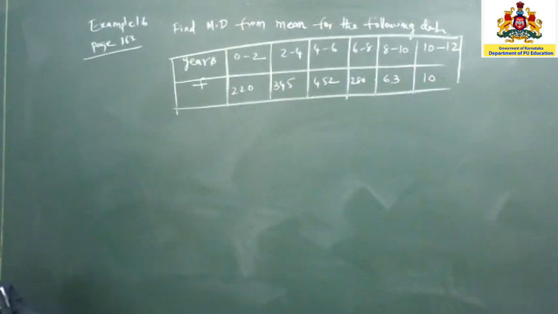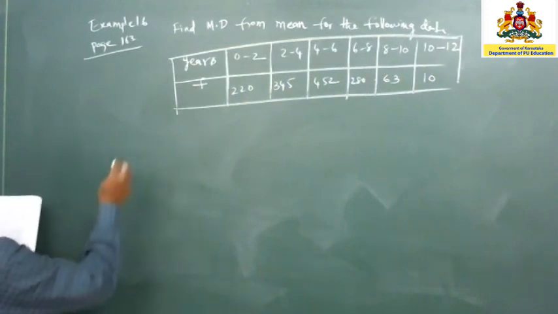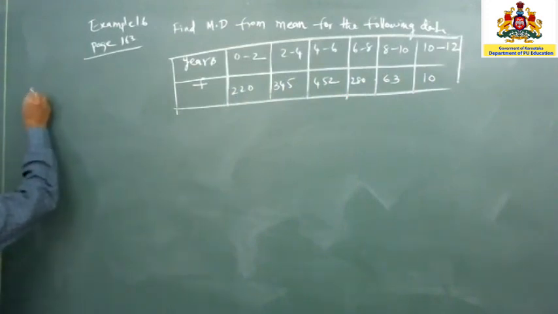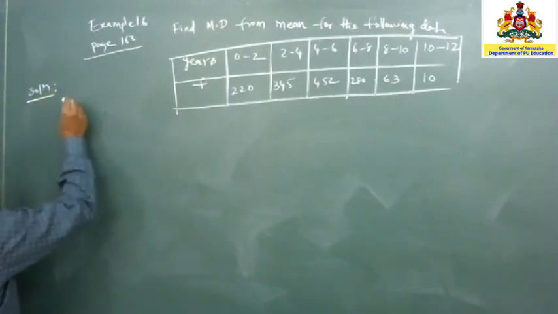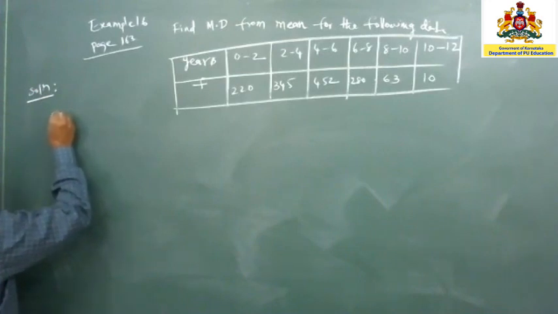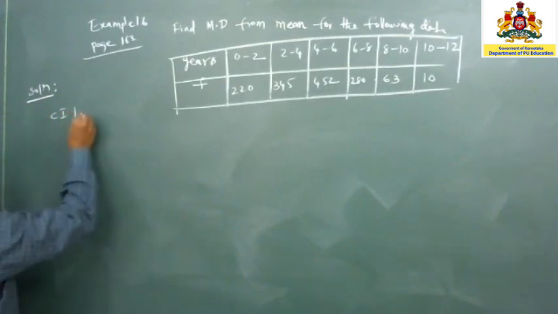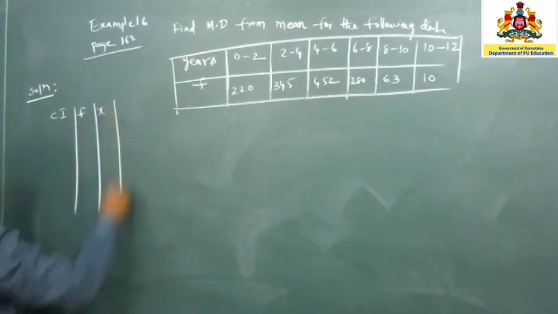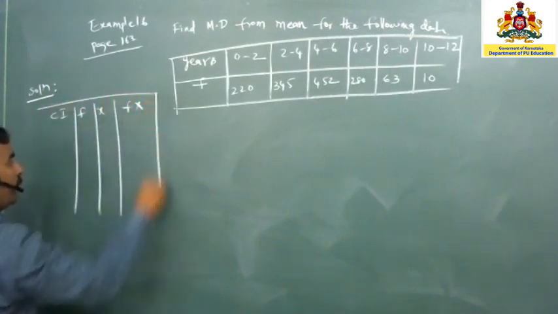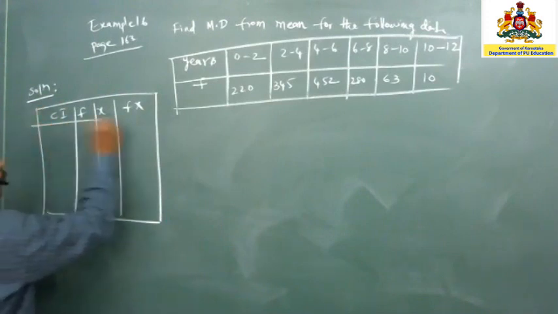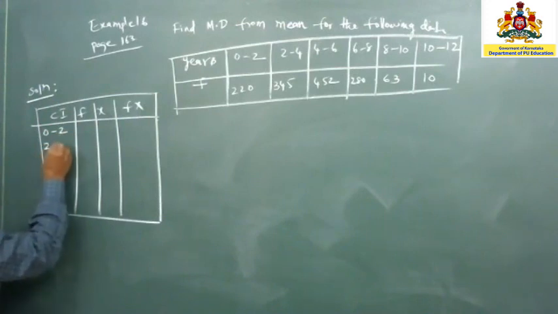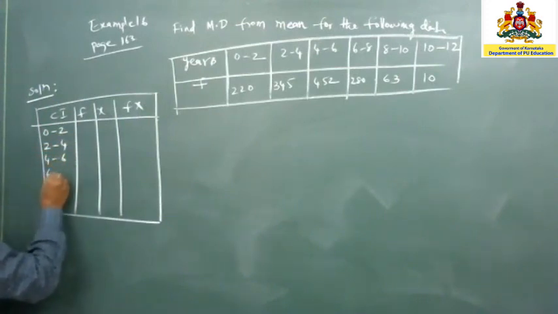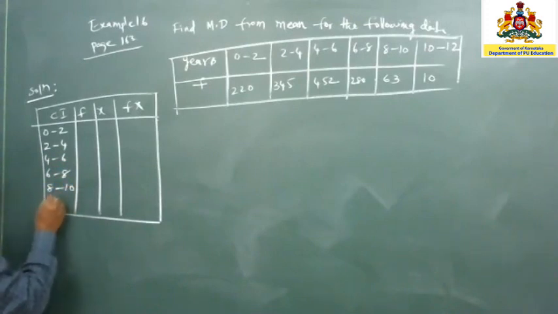So the given data is a continuous frequency distribution. First you should find the mean. Solution. To find the mean, we need the columns class interval, frequency, x, and fx, and we need the fx total and f total. Class intervals 0 to 2, 2 to 4, 4 to 6, 6 to 8, 8 to 10, 10 to 12.